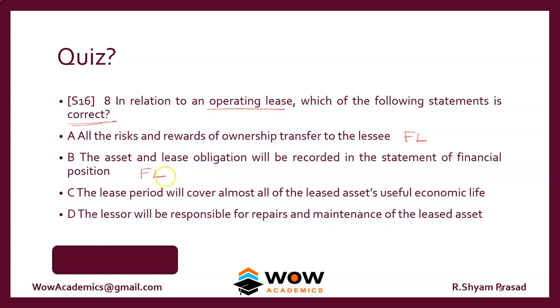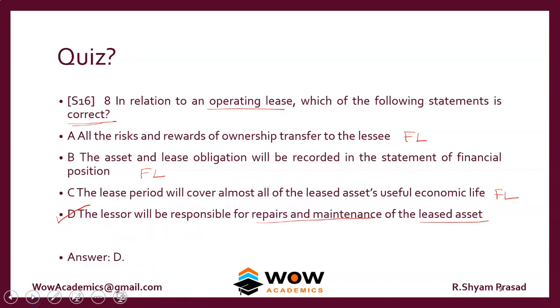Again, this is a finance lease. The lease period will cover almost all of the leased asset's useful economic life. Again, this is a finance lease point. The lessor will be responsible for repairs and maintenance of the leased asset. So this is the right one. This represents the operating lease. Let's see the answer. The answer is D.